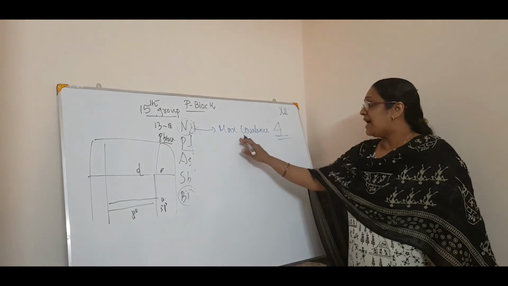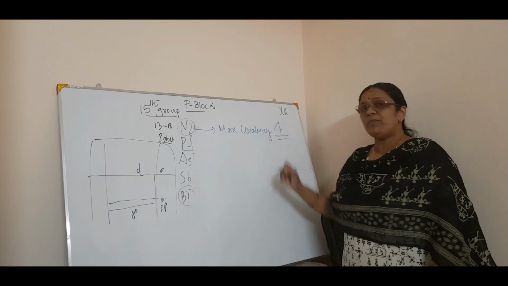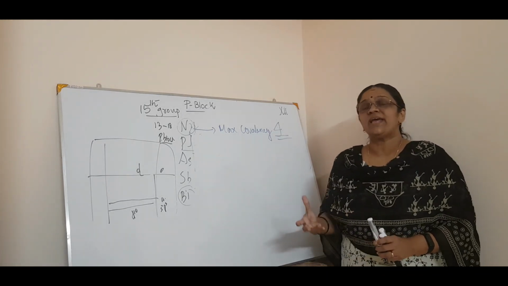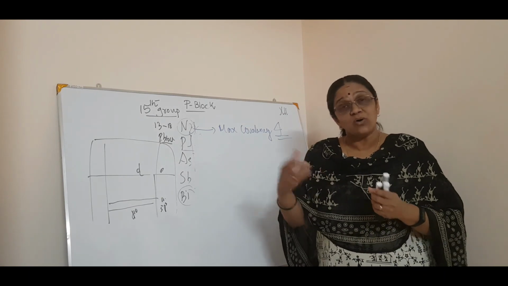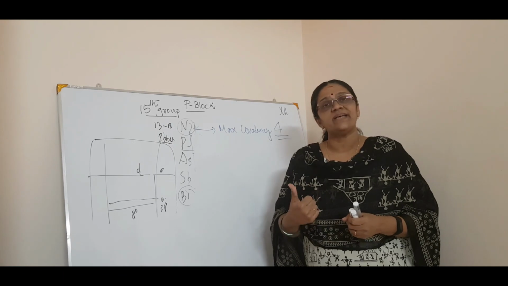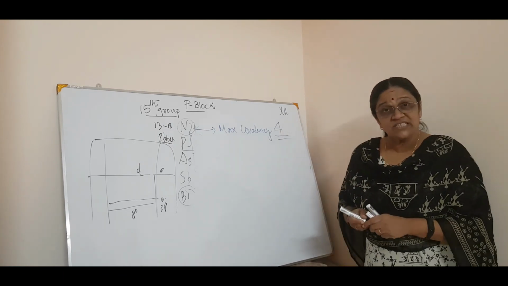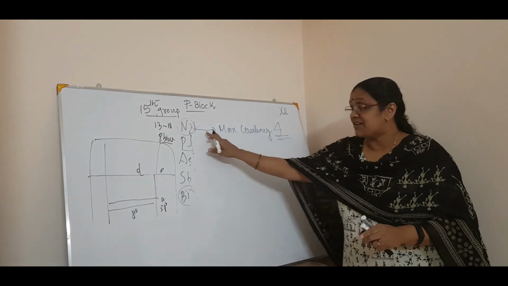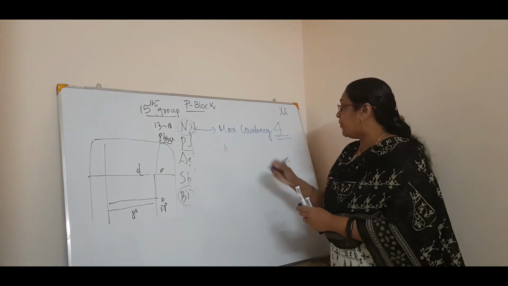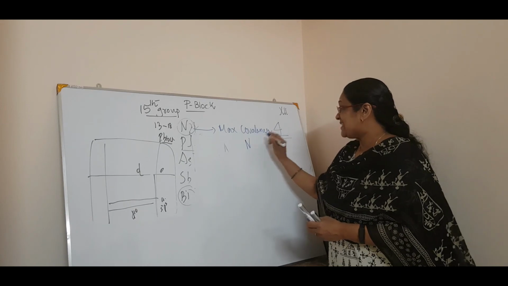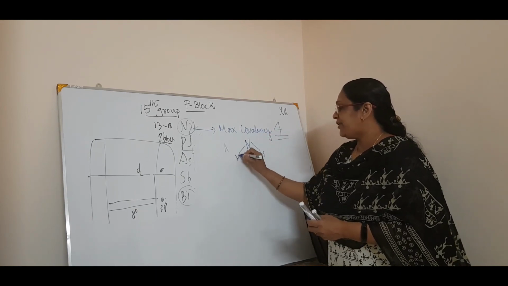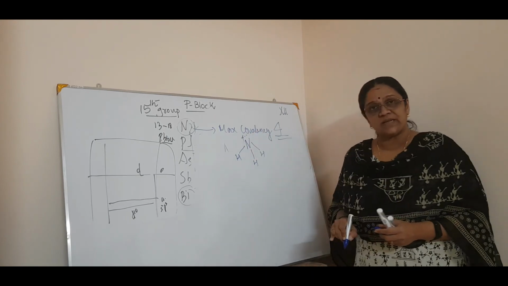What do you mean by covalency? In just one word, covalency is the number of bonds directly bonded to the central atom. So nitrogen can make compounds with a maximum of 4 bonds, like NH3 or NH4 plus. NH4 plus has 4.